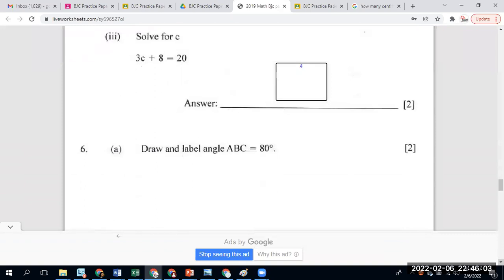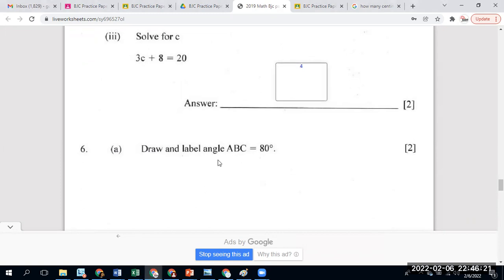Okay. Draw and label angle ABC equals 80. Well, it's angle, not triangle. So you're going to draw to scale, I might add, using your geometry tools.